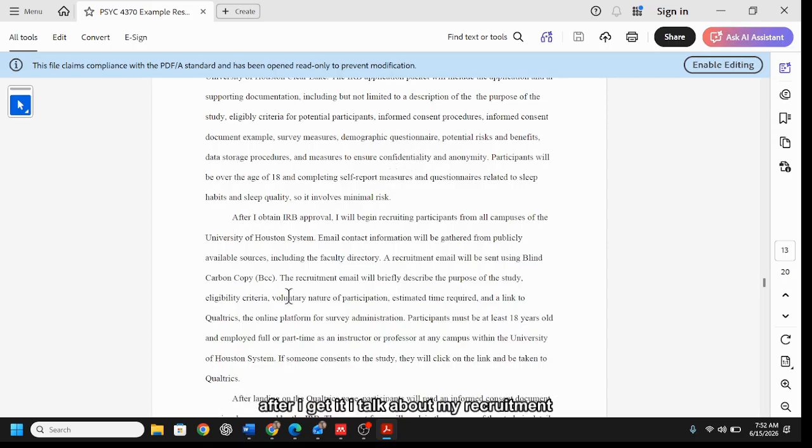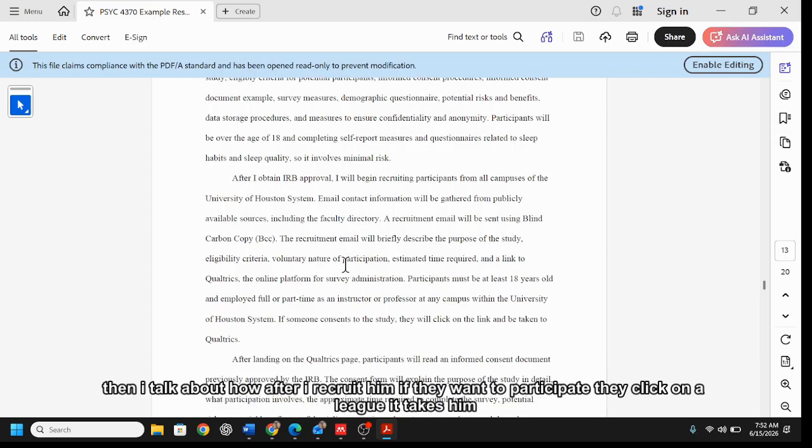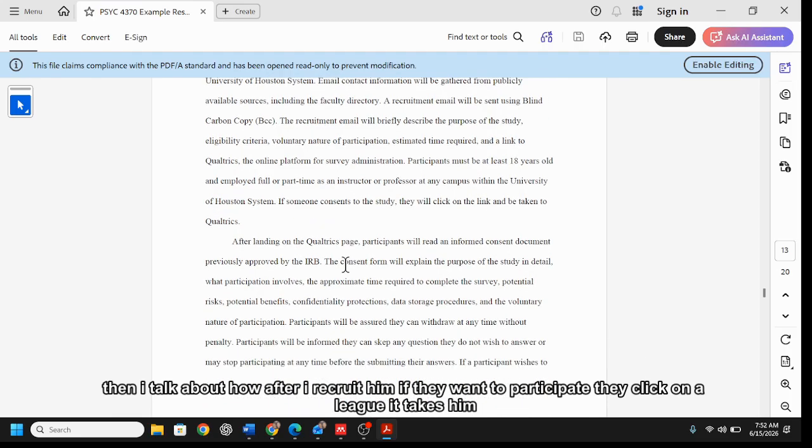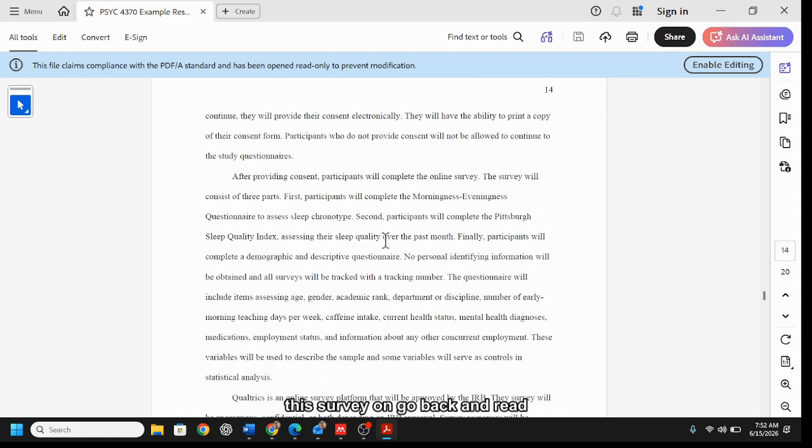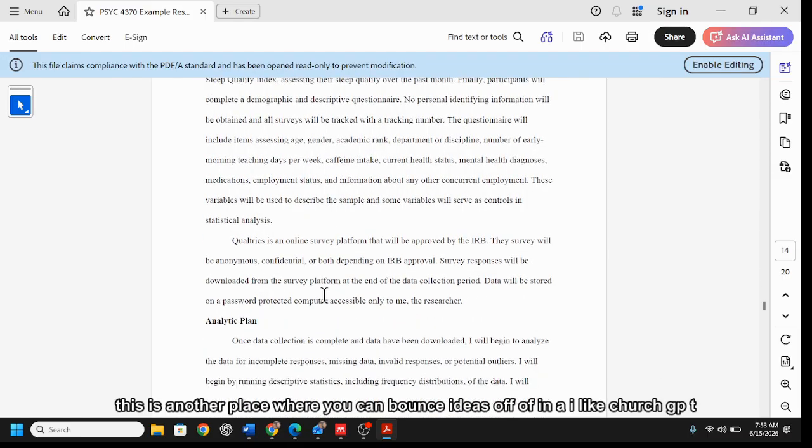After I get it, I talk about my recruitment. Then I talk about how after I recruit them, if they want to participate, they click on a link. It takes them to the survey. Go back and read this, and it will tell you a very detailed protocol on how data would be collected. This is another place where you can bounce ideas off of an AI like ChatGPT, okay?